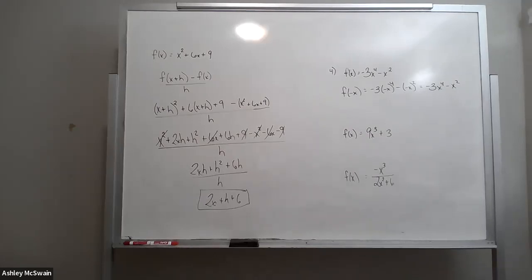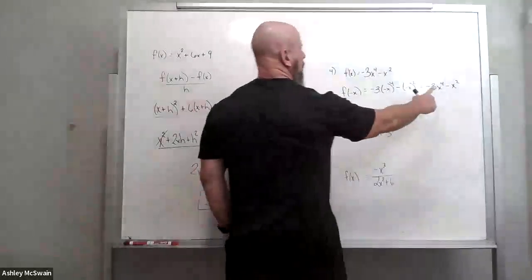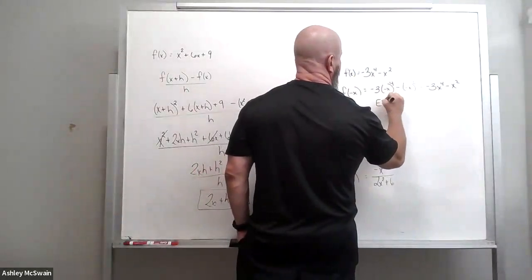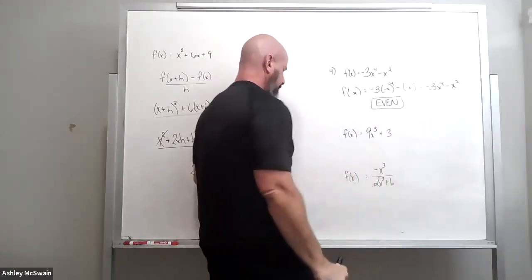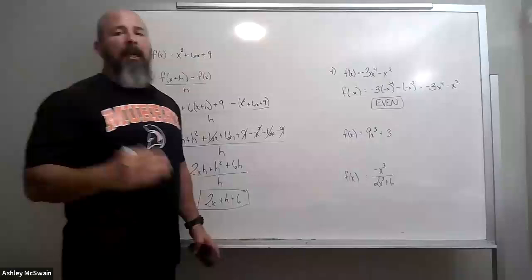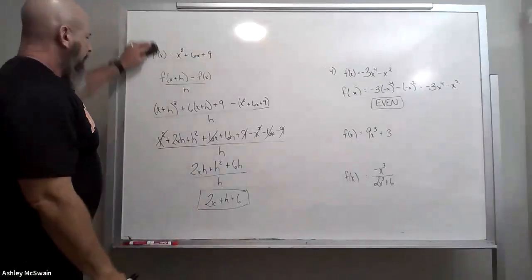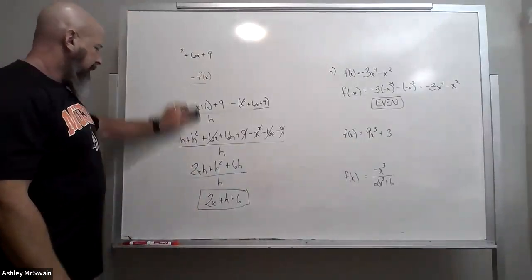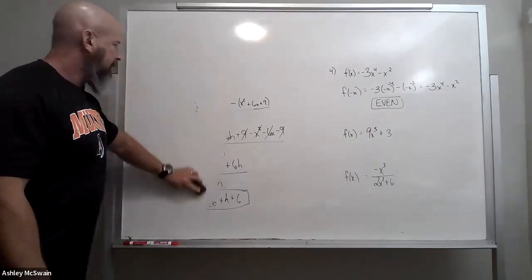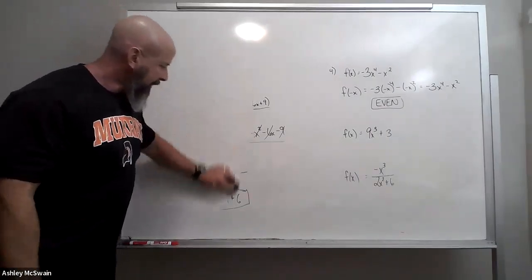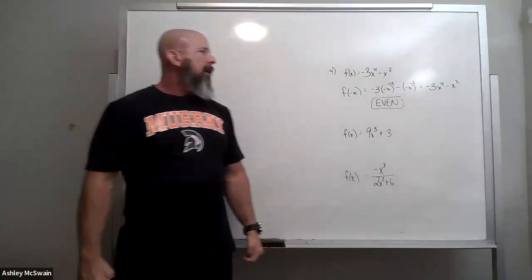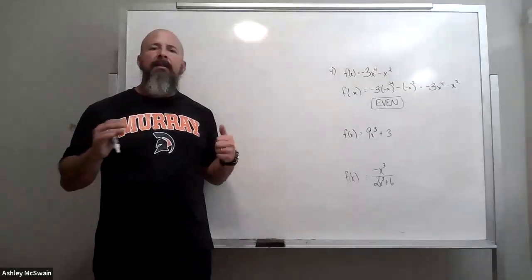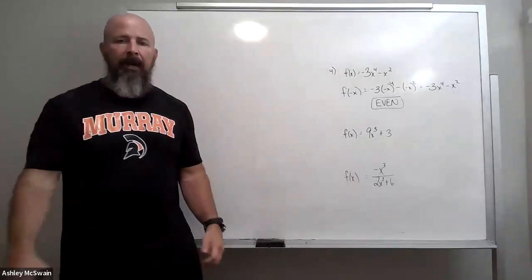And then I look back at my original one, and, oh, wait a minute, those two are the same. That means that this function is even. Those two are exactly the same. Even graphically meant that it had y-axis symmetry, symmetry over the y-axis. We're not going to see a graph, we're going to see function notation, and getting that f of negative x tells me if it was reflected over that y-axis or not.